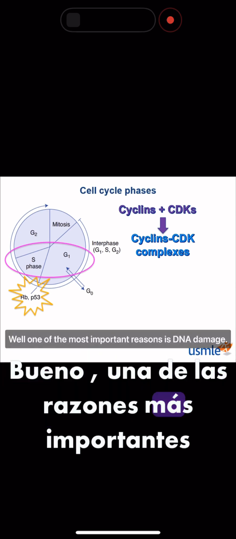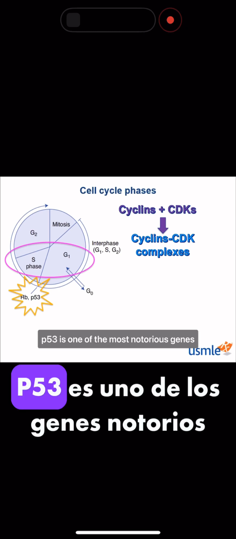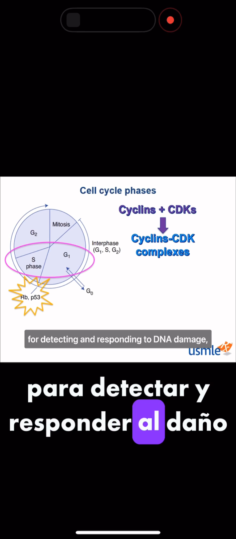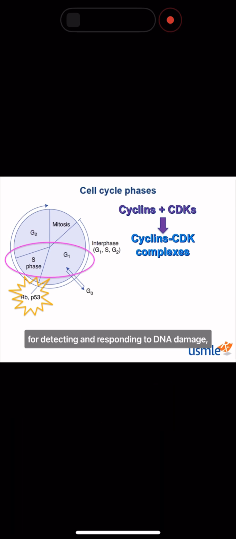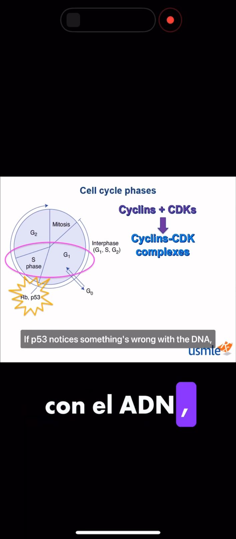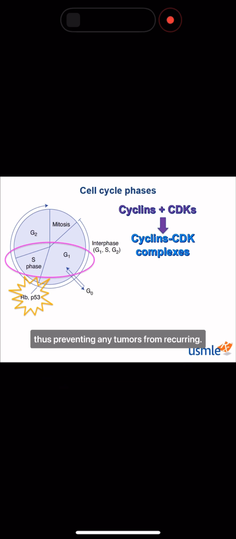Well, one of the most important reasons is DNA damage. P53 is one of the most notorious genes for detecting and responding to DNA damage, which has earned its nickname, the guardian of the genome. If P53 notices something's wrong with the DNA, it will prevent the cell from dividing, thus preventing any tumors from occurring.